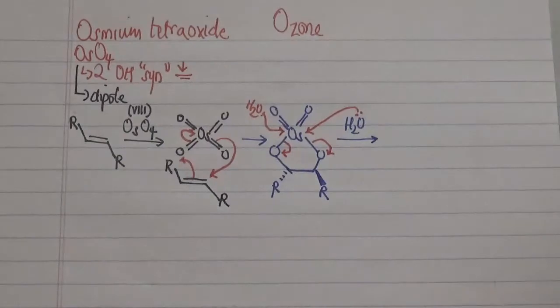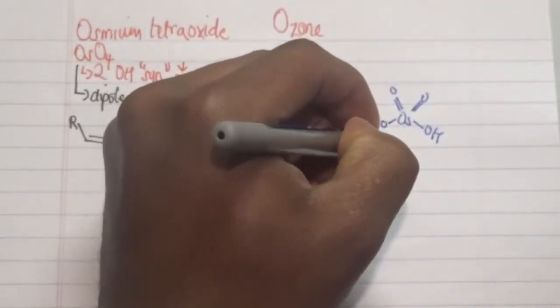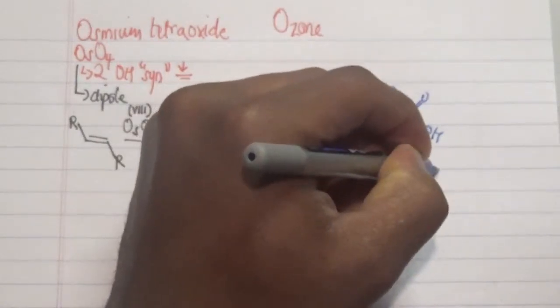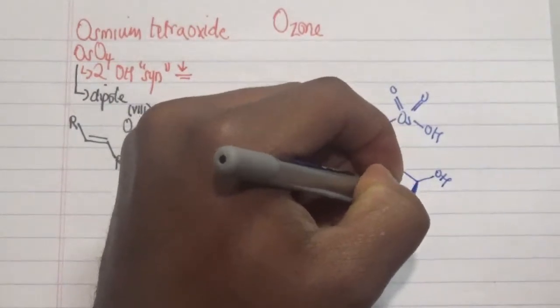So what we have as a result are these products, and that over there, which is a form of a diol.